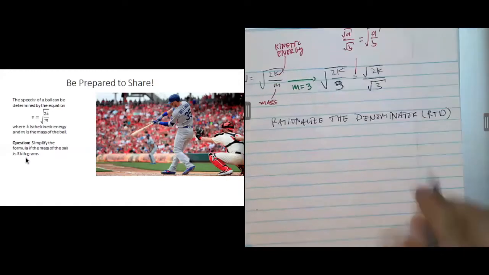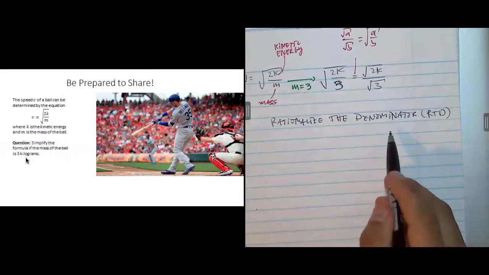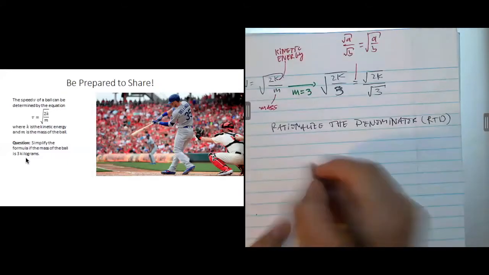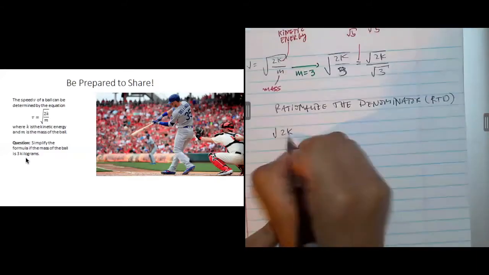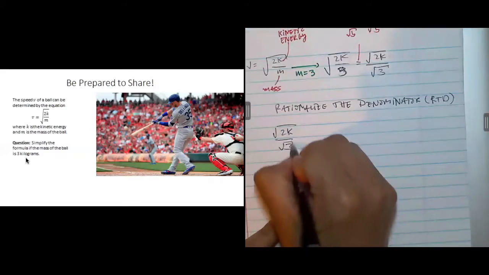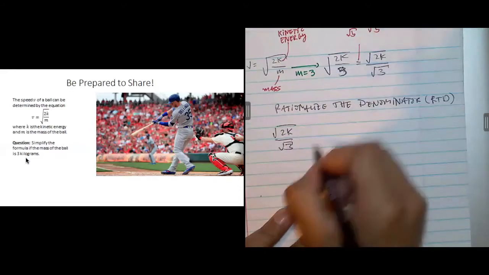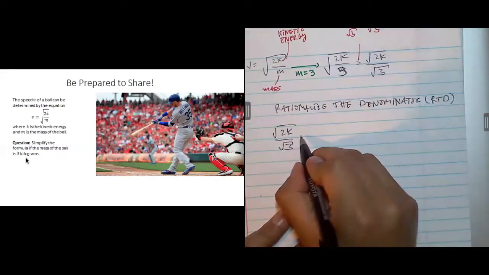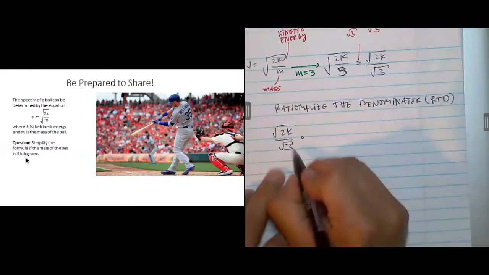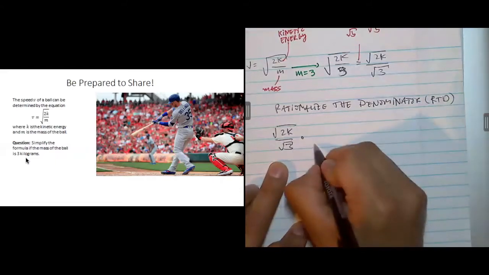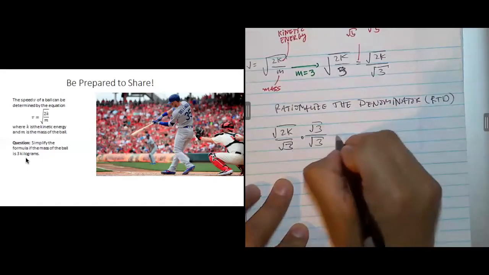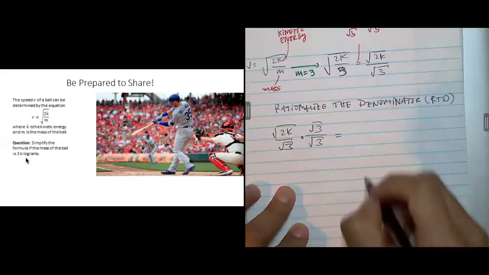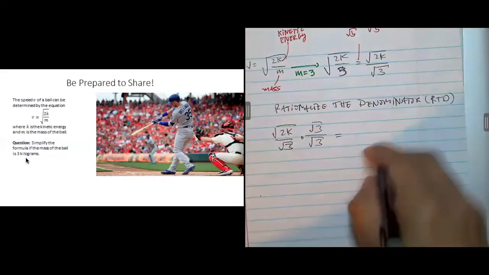So what rationalize the denominator suggests is that if I have the square root of 2k over the square root of 3, rationalizing the denominator means that whatever's in the denominator, I multiply top and bottom by it. So square root of 3, square root of 3, right? And what else can I do here?